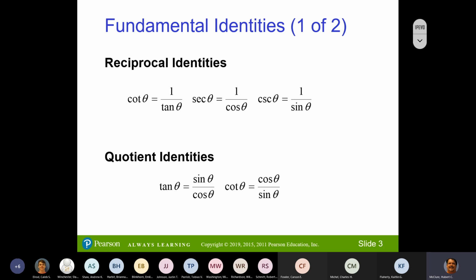Tan is equal to sine over cosine, and cotan is equal to cosine over the sine. Now, in physics, there's a couple of things that you should always know, like r sine theta is equal to the y vector, and r cosine theta is equal to the x vector.